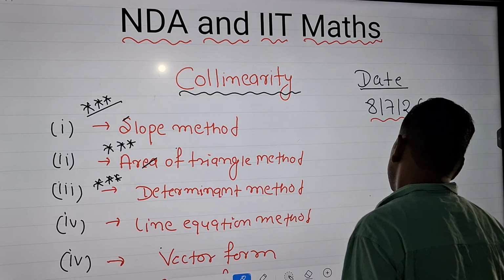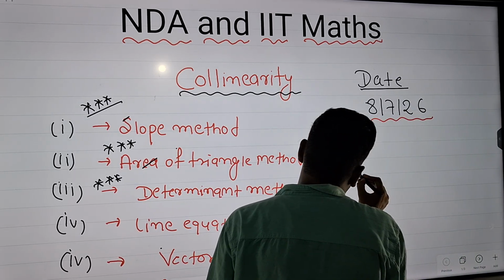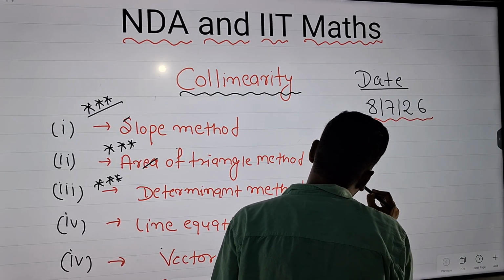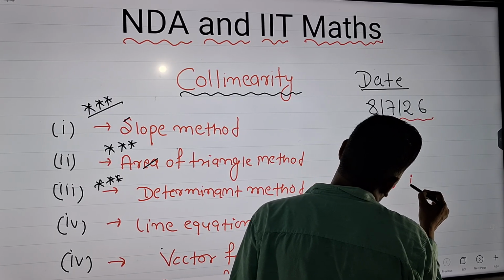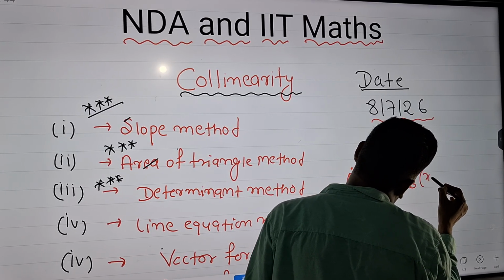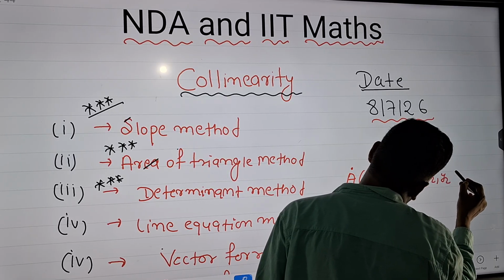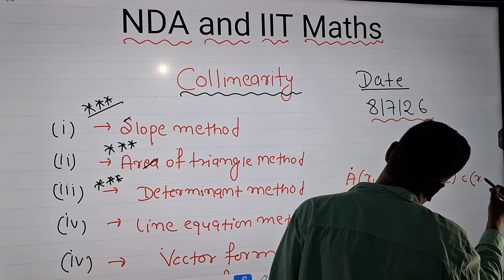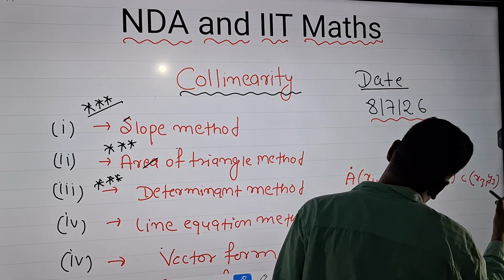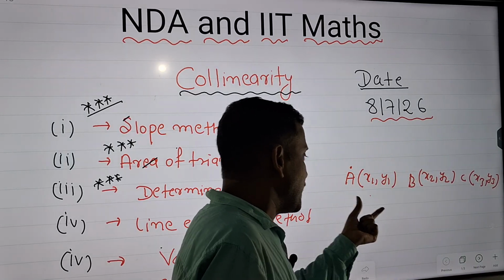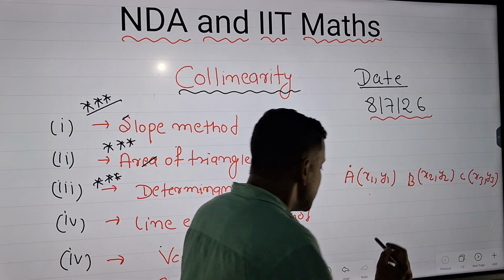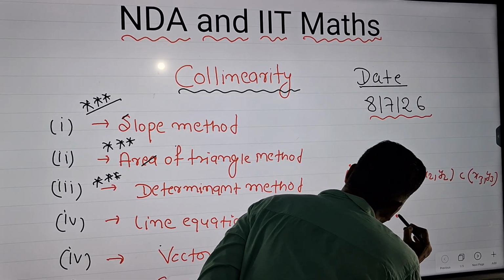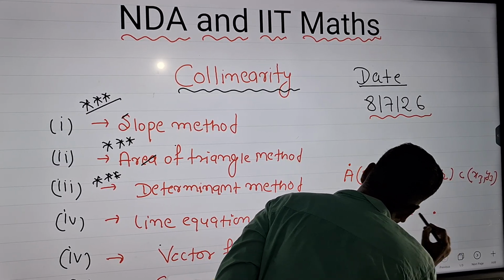What is collinear? If you have 3 points, first point is A, the coordinate of A is x1, y1, and point B, the coordinate of B is x2, y2, and point C, x3, y3. These 3 points are called collinear if these 3 points lie on the same straight line.